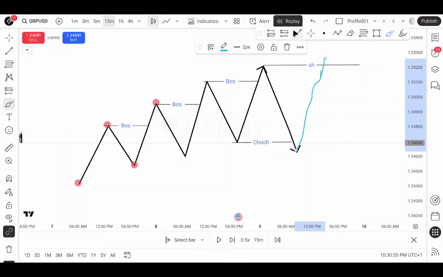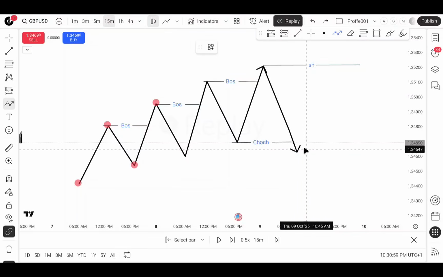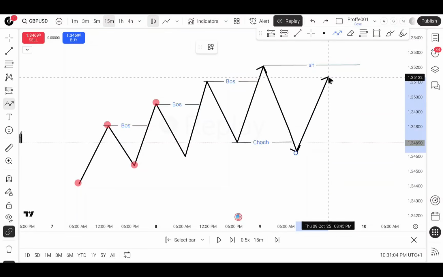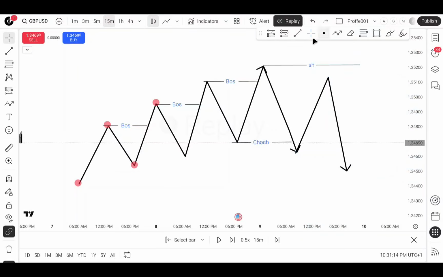Good. After this, we expect that the market comes to this place now and gives us a lower high. Then after the lower high, the market gives us what? A lower low. After this lower low, what do we do next? We kindly spot out our break of structure.